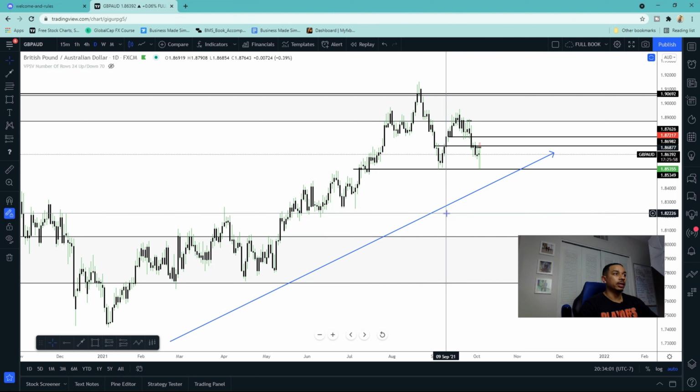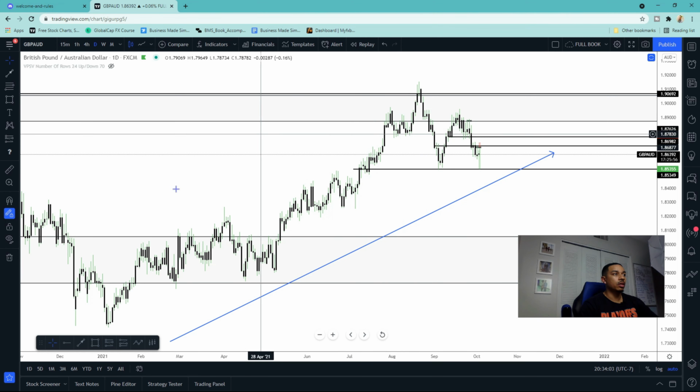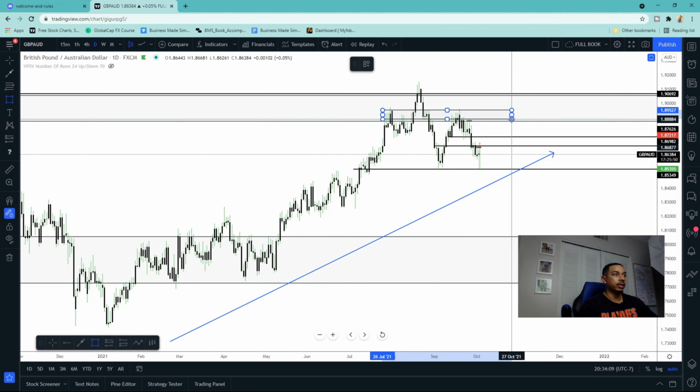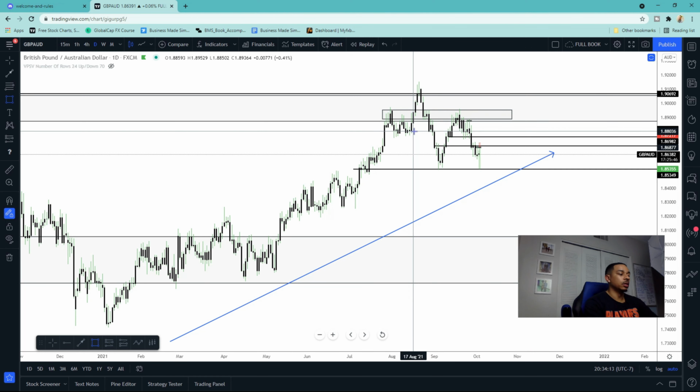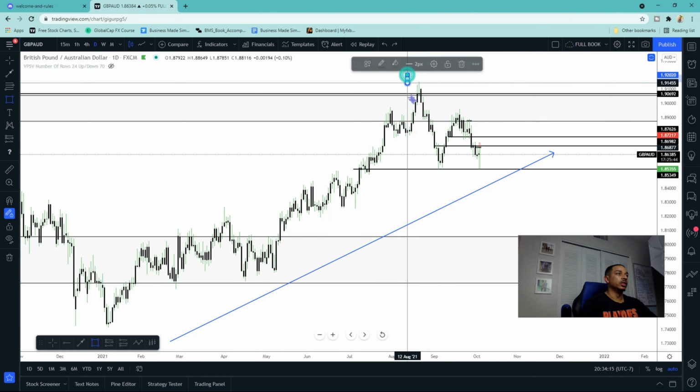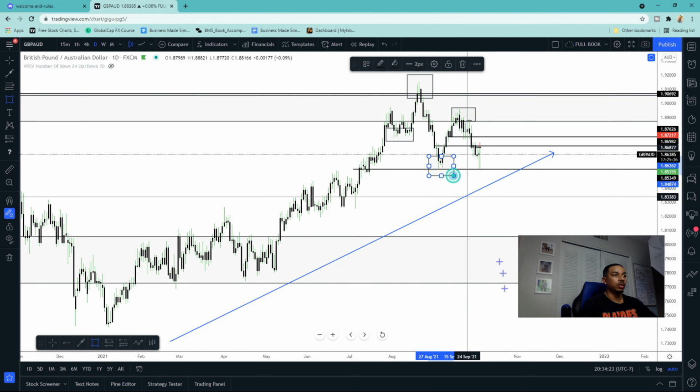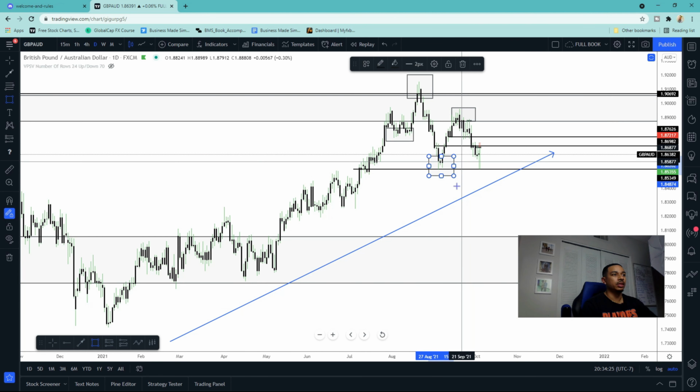And then at the same time, if you look over in this area, there is a possibility that we are creating a lower high situation. This one being the ultimate high, and then this being a lower high in comparison to that. And then you have lower lows like that.